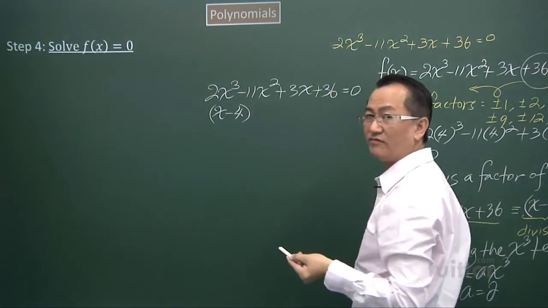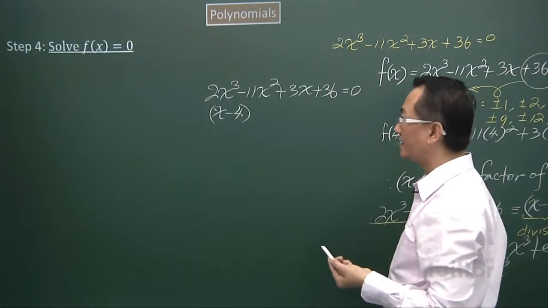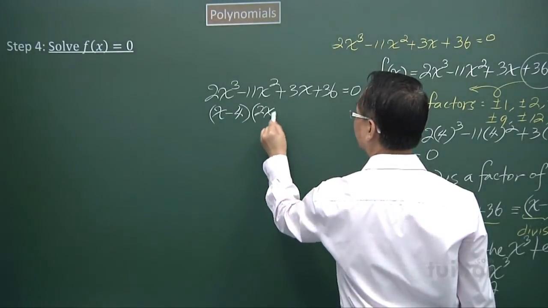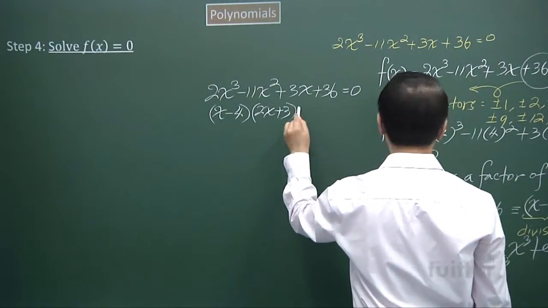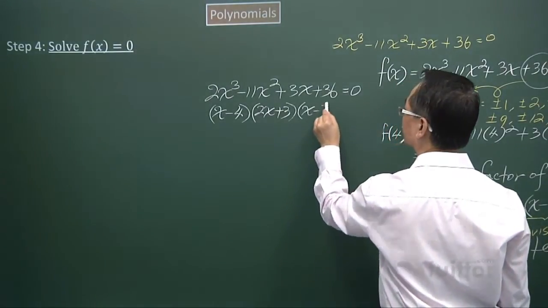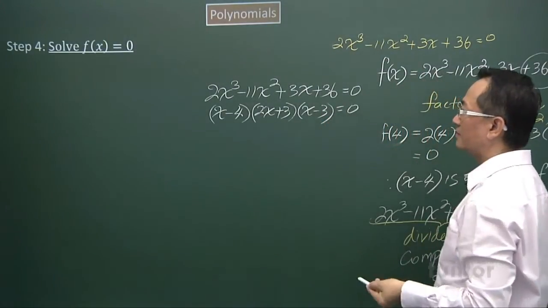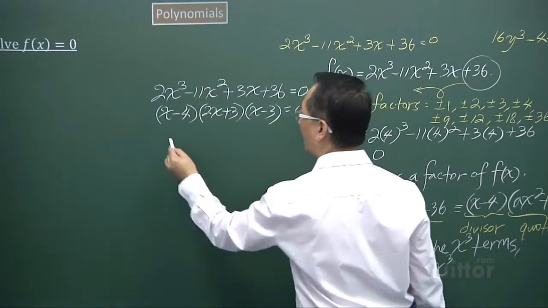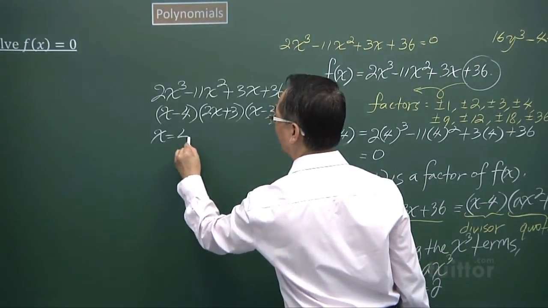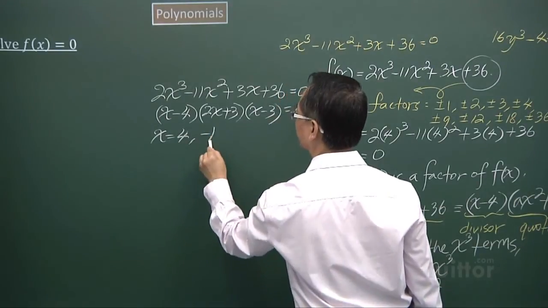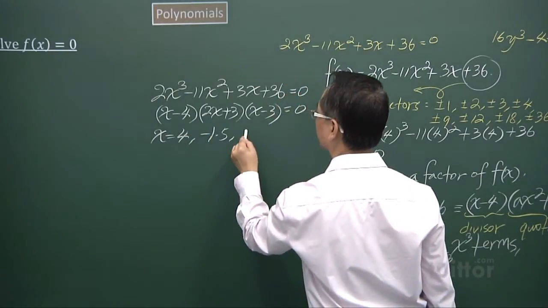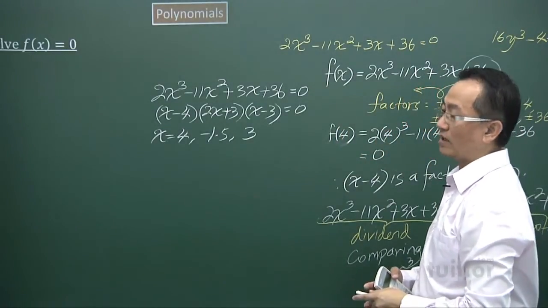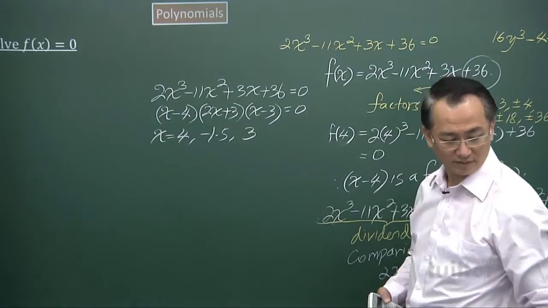Using either long division or the polynomial identities, we found two others. By equating each of these factors to a 0, I get three values of x. So we have gone through step 4.